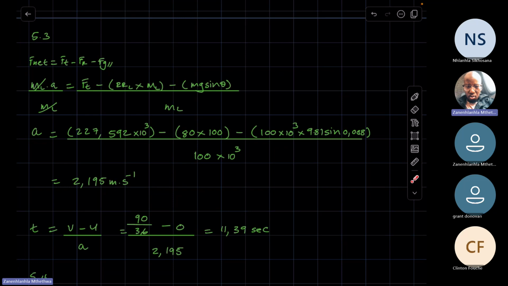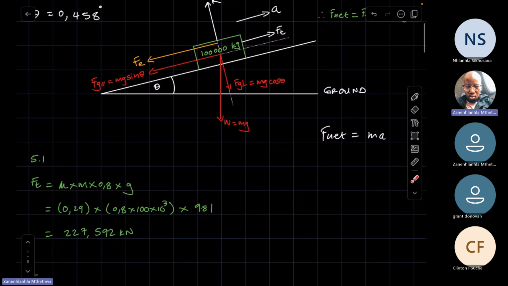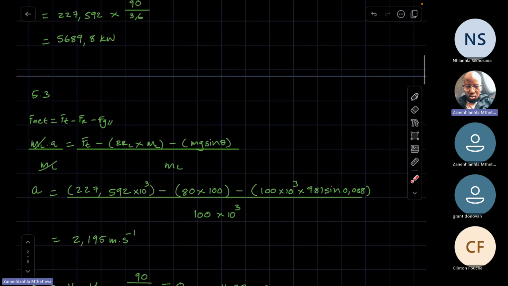So here, instead of first calculating F net, I simply used the formula for this so I can solve for acceleration from this formula. Solving for acceleration, I then substituted this, which you would have already calculated.